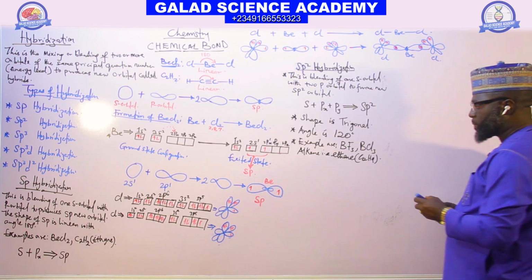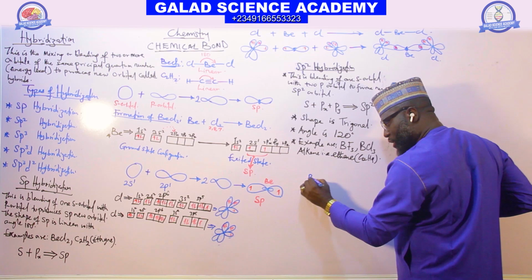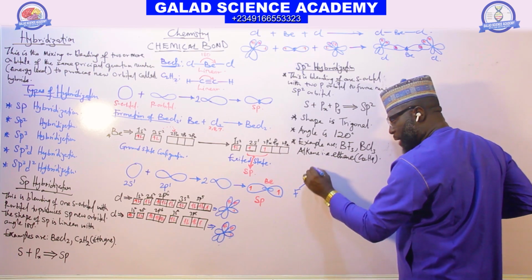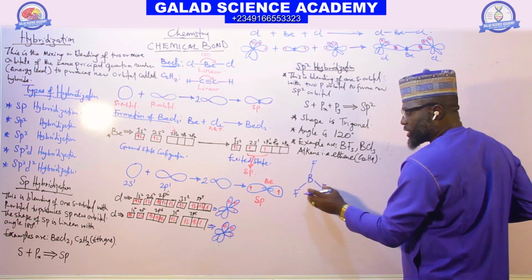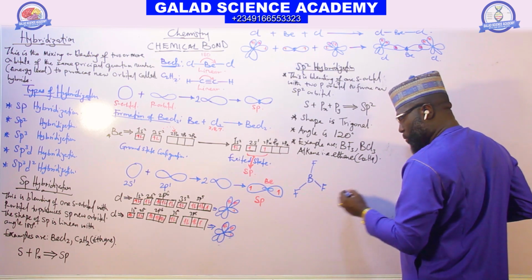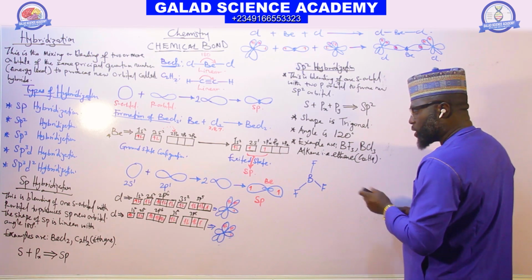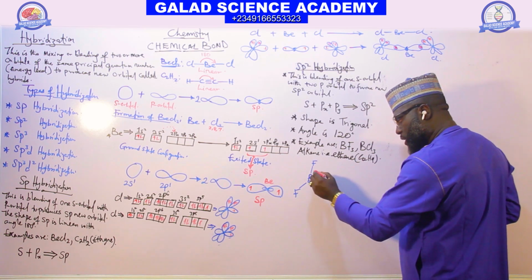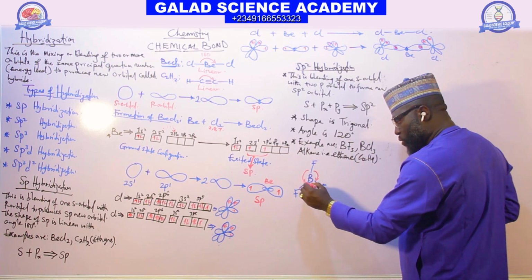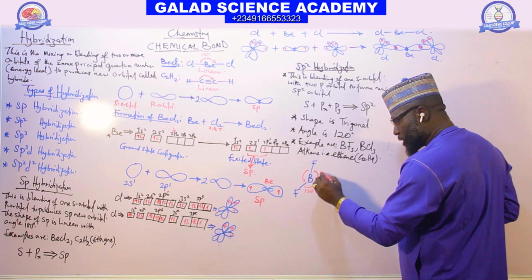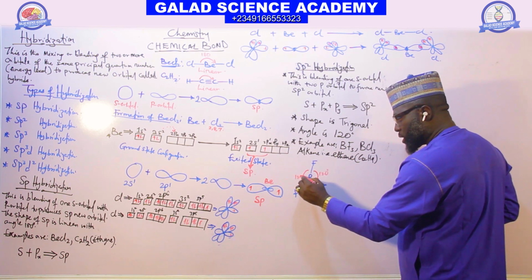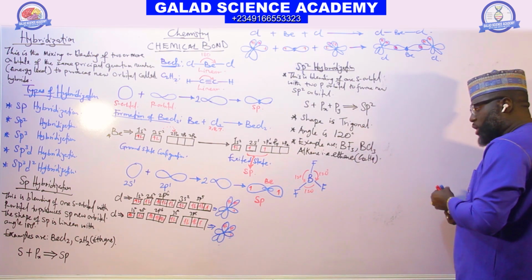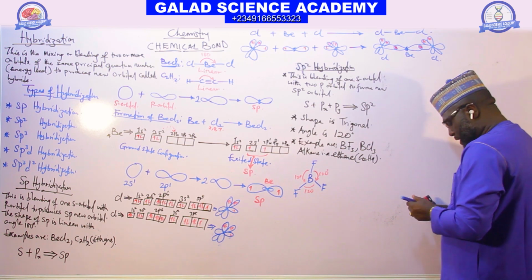Let us look at it now. For this BF3, we have done it under VSEPR theory. So the hybridization is used to determine the shape of the molecule. The angle here is 120, 120, 120, and the shape is trigonal. And we can also have it in C2H4.